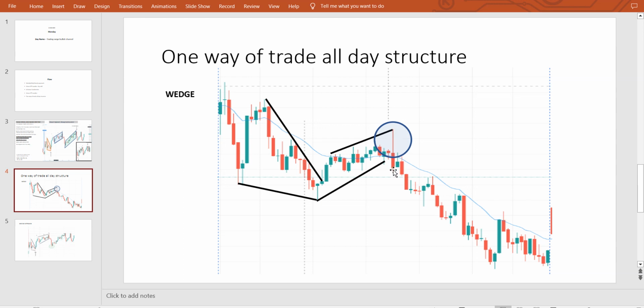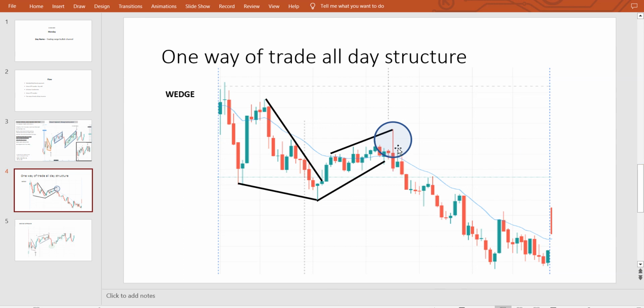What you can do is sell on the close of this red candle, put your SL here, enter. If you have entered here, move your SL to here, scale in, and be part of a two-legged move to the downside, or a channel to the downside.